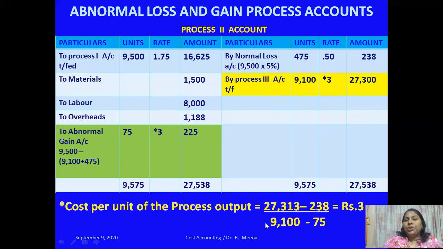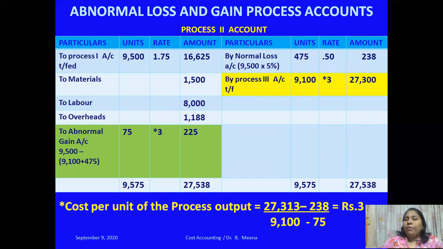Look at the calculation. Whenever you have an abnormal gain, please focus your attention clearly. Whenever you have an abnormal gain, just close the debit side roughly. Do the rough calculation. How to do that? 16,625 plus 1,500 plus 8,000 plus 1,088.